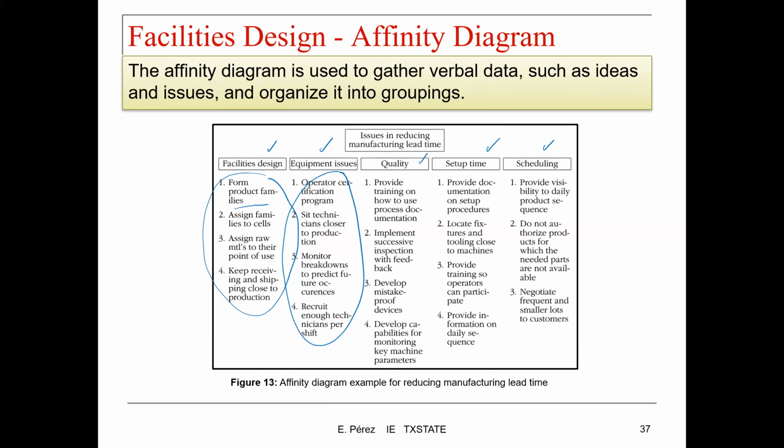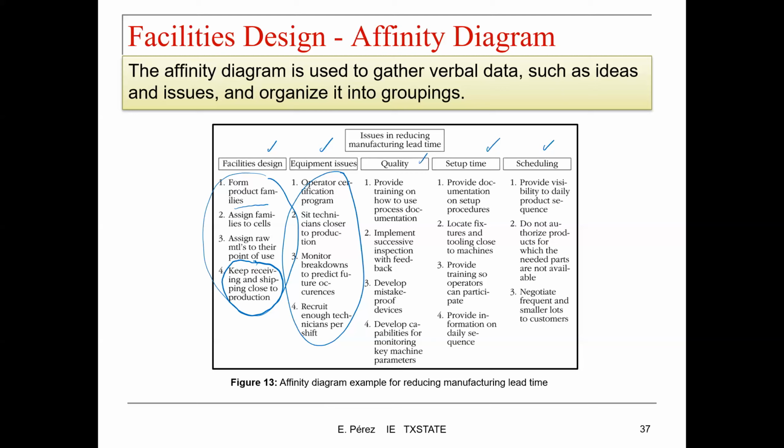Another thing that is pretty common is this. If you have a process that requires being close to the shipping area, you want to keep the production close to that area, and so on. So here we have multiple things. The idea for this diagram is that you collect all this information, and then using that information, you can create the groups as illustrated here.